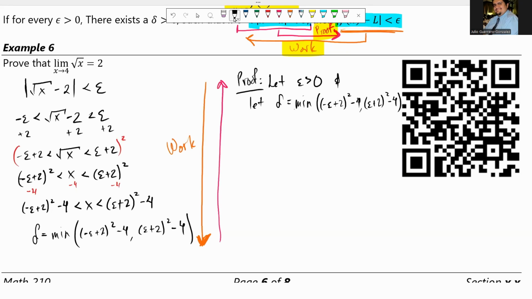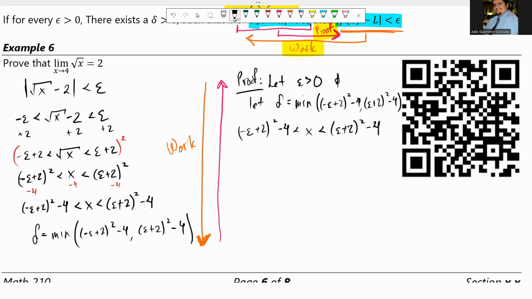If this is the case, then we have all the stuff backwards. Then that means minus epsilon plus 2 squared minus 4 is less than x is less than epsilon plus 2 squared minus 4.